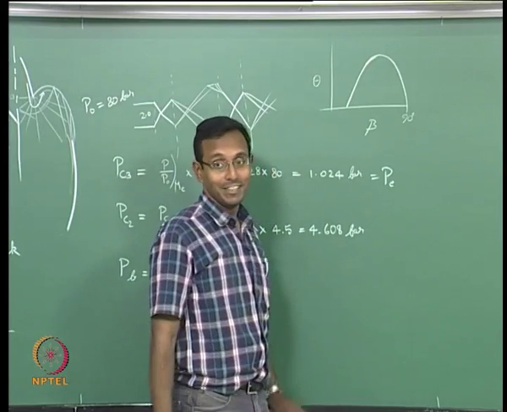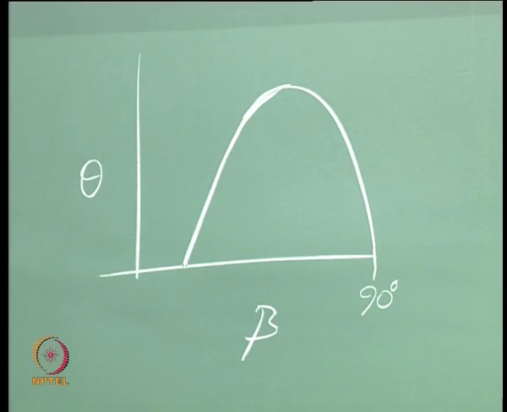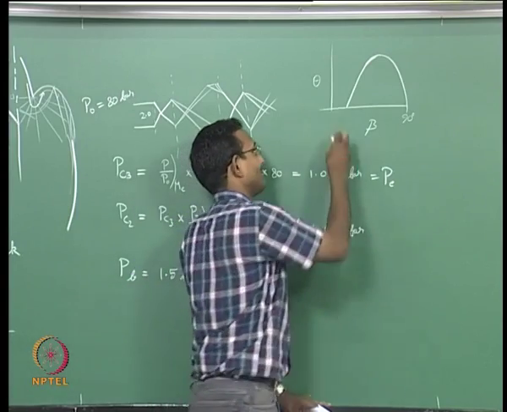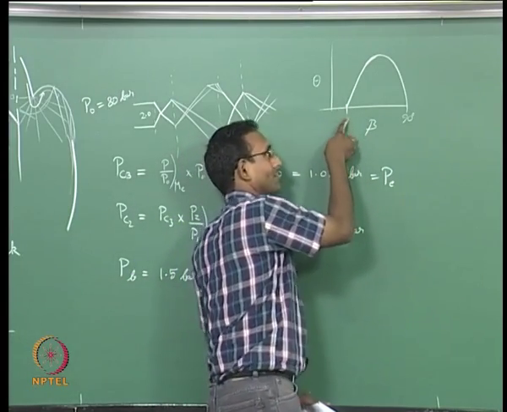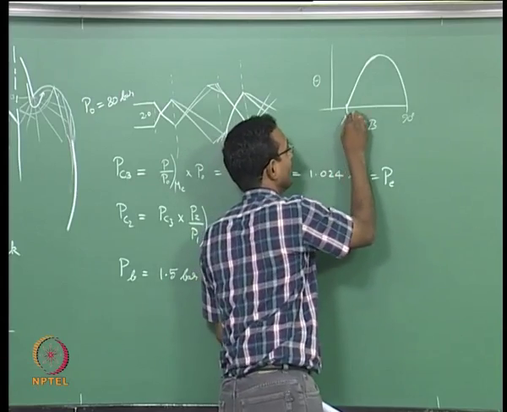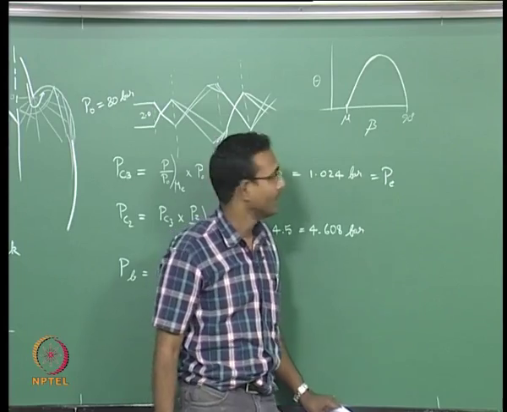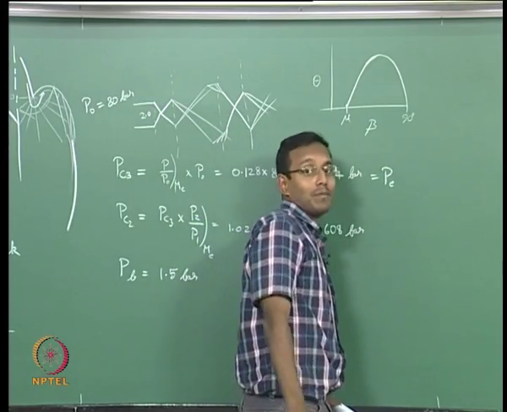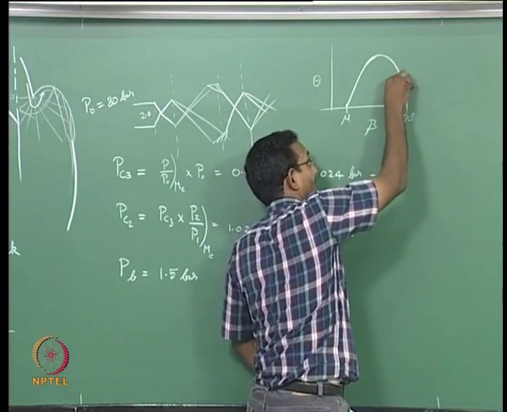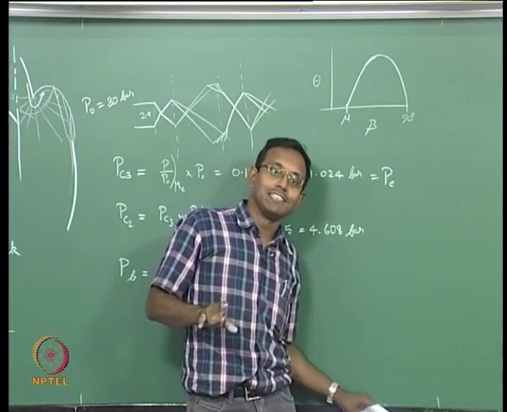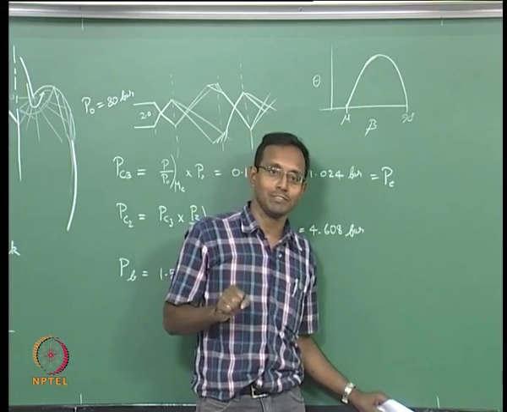Is it 0 to 90? What is it? Mu to 90 degrees, that is all I can choose. It may so happen that I may have a solution in the strong side also, but currently we will say that it is only the weak solution that happens.